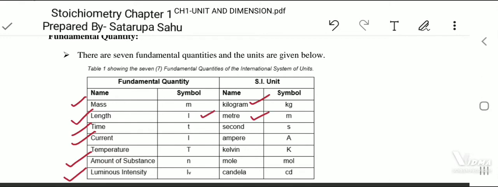For time it is small t and its unit is second. For current it is capital I and the unit is ampere. For temperature it is capital T and the unit is Kelvin. For amount of substance, the unit is mole and the symbol is small n. For luminous intensity, its symbol is small l subscript V and the unit is candela.